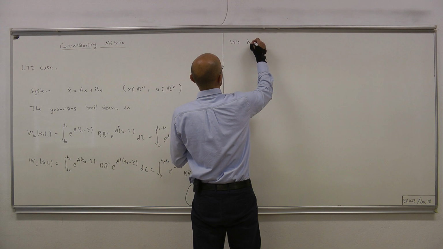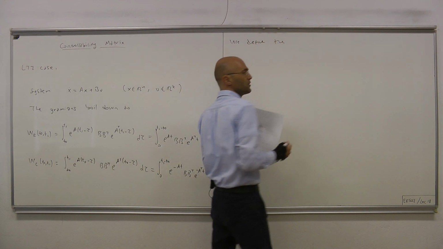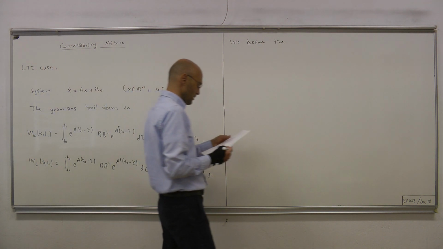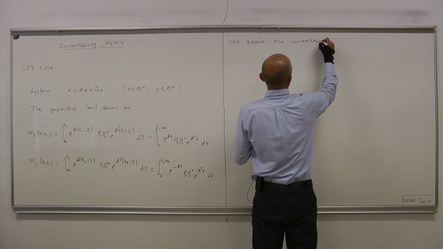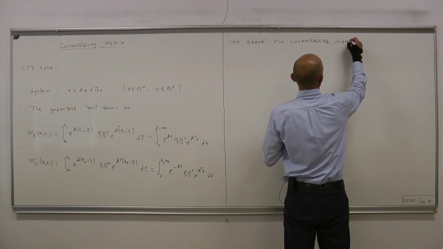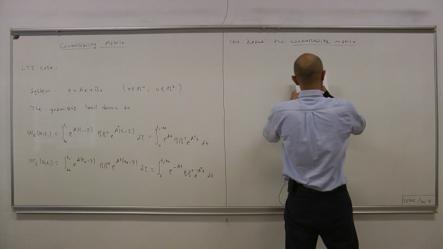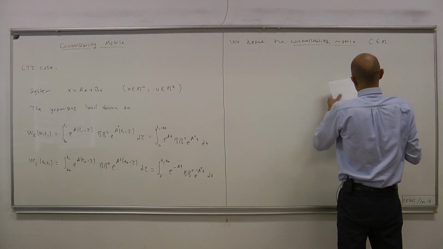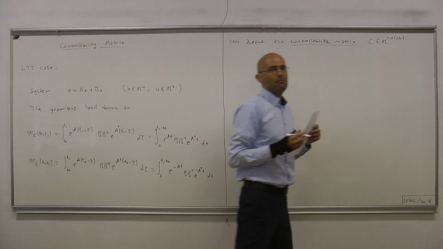So we now define the following matrix. Since it's important, it has a name, and it's called the controllability matrix, usually denoted by C, and it's an n by nk matrix.